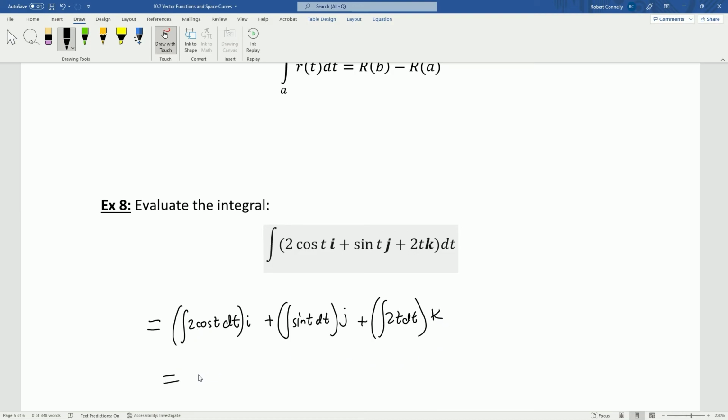So the integral of 2 times cosine of t is 2 times sine of t, i, plus the integral of sine is negative cosine, so we can actually make this minus. So minus cosine of t, j, plus 2t squared over 2, which is just t squared, times k. All right, and that's it for example 8.